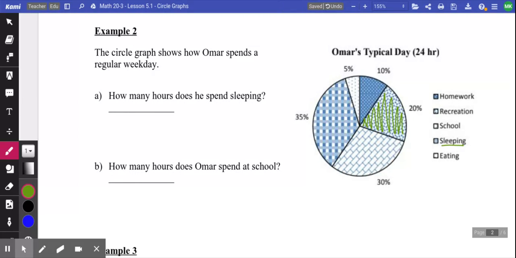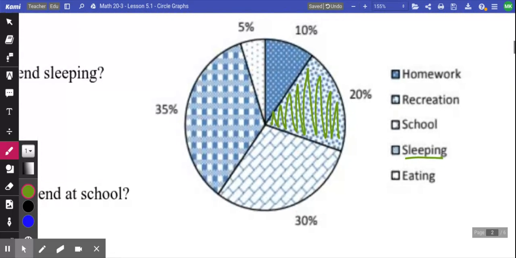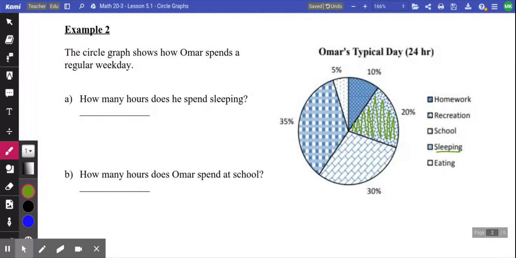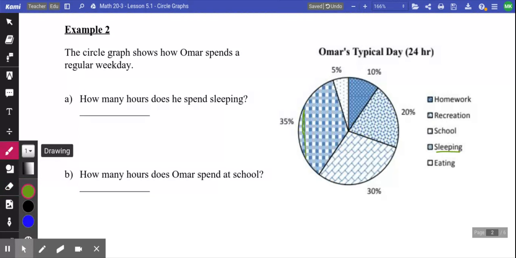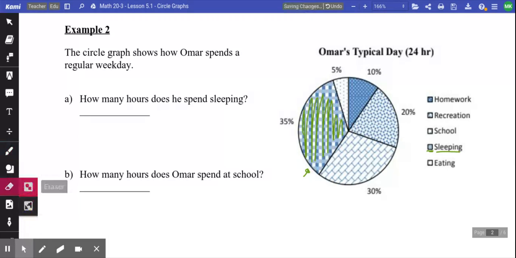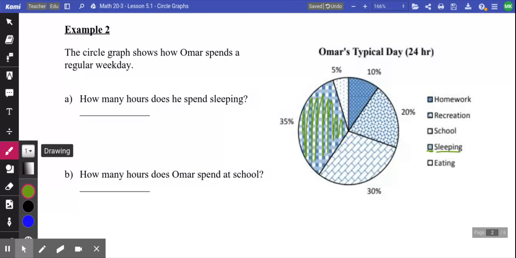We're going to go with that's our sleeping one, the checkered one. So 20% of his day is spent. You know what? I don't think that's right. I think it's this one over here. The more I'm looking at those patterns, I think this looks more like that. Anyways, we're going to go with that one. So he spends 35% of his day sleeping.